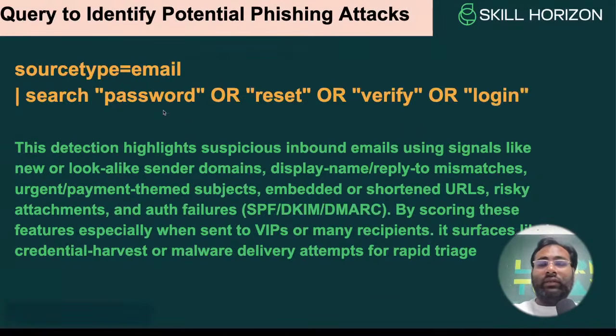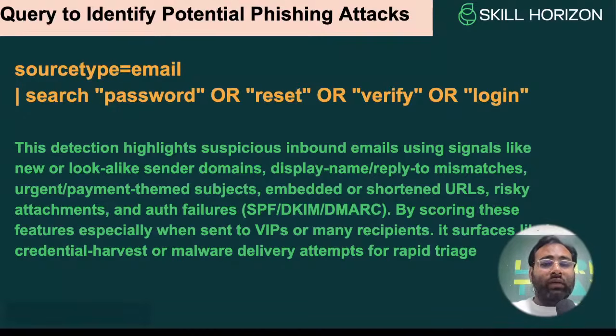The next we have is phishing attack. So the query to identify the phishing attack, that will be the query. So basically checking any authentication failures, like checking the DNS records of SPF, DKIM or DMARC, or checking any sender domain mismatches, or any payment-type theme subject, like the urgency, right?